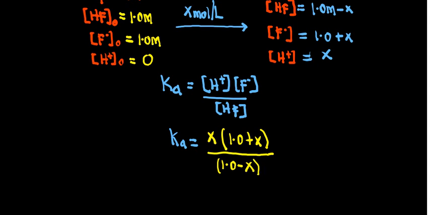So now this value of Ka was given, the value of 7.2 times 10 to the power negative 4 molar. And there you go. You have it like that.